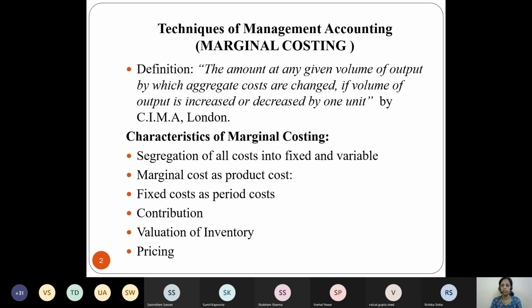We have seen this in the classification of cost topic, as well as in budgetary control, in the flexible budget, the behavior wise cost. Just tell me what are the features of variable cost. Anyone?